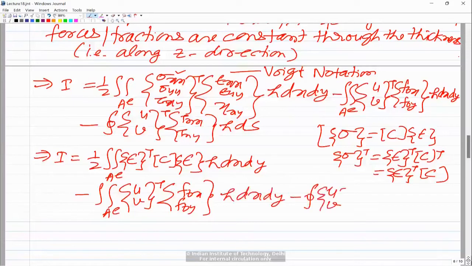So we have u v transpose into t nx, t ny, h into ds. So this becomes ultimately your integral functional. Let me call this equation number 1.